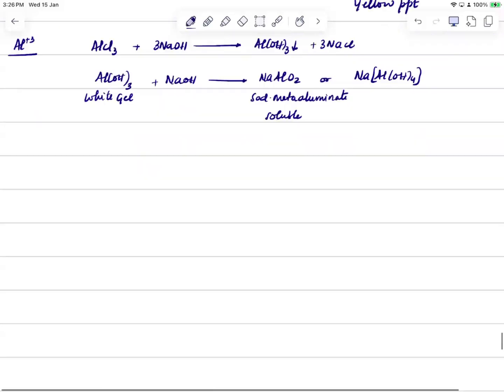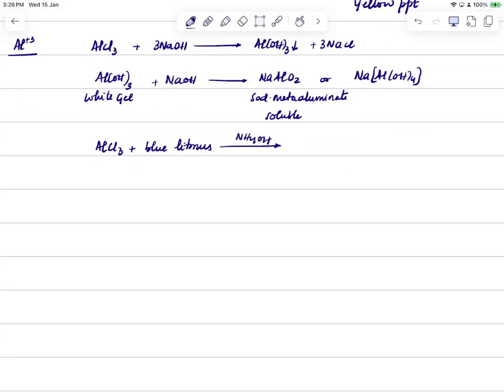Correct. Next, check out the second test here. If you notice the aluminium form here, that is AlCl3, and you add blue litmus paper in the presence of NH4OH, and NH4OH is to be added drop by drop, then this will become alkaline aluminium hydroxide. So it will have more alkaline nature.